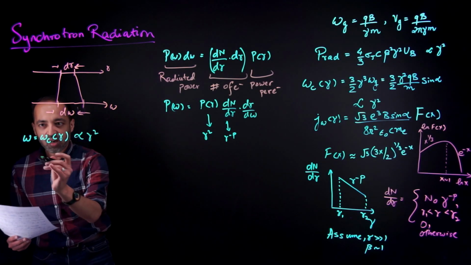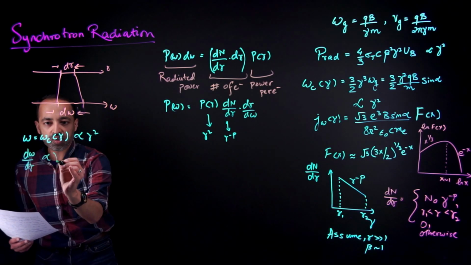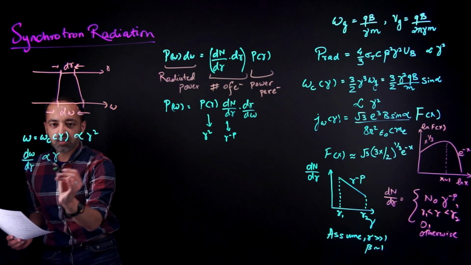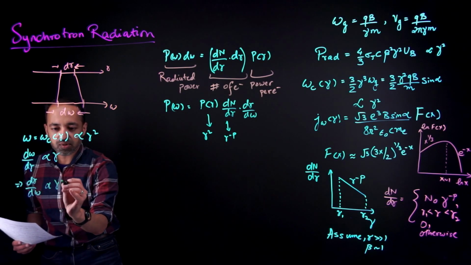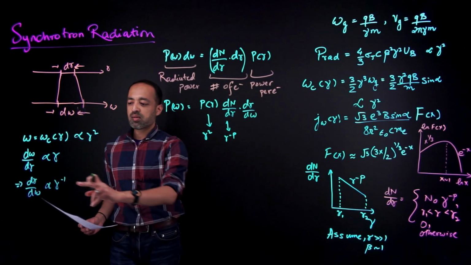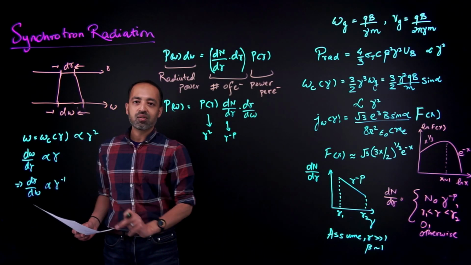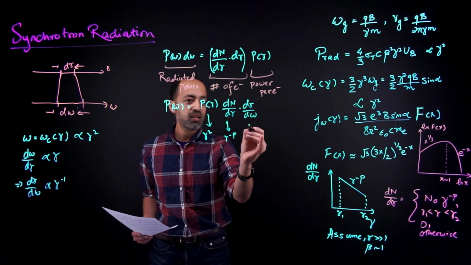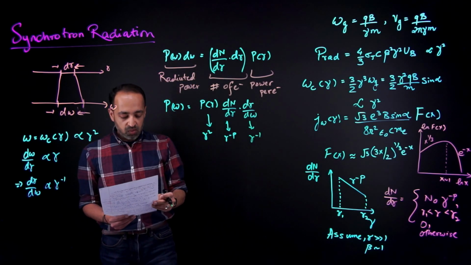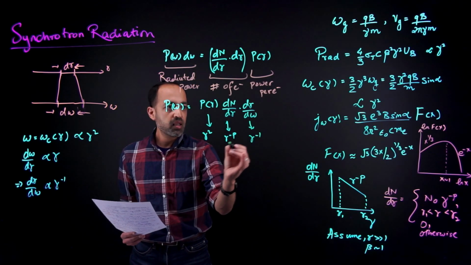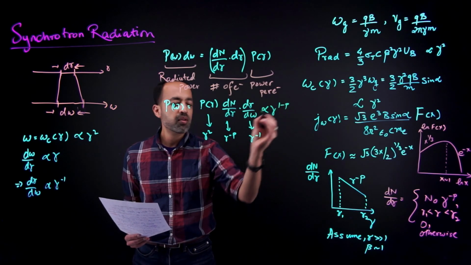And so then d omega d gamma is proportional to gamma, which means that d gamma d omega is proportional to gamma inverse. Right, so this is a relationship between our delta gamma and our delta omega in terms of the gamma itself. So that tells us that this is proportional to gamma inverse, which means that this whole thing is proportional to gamma to the power of 1 minus p.